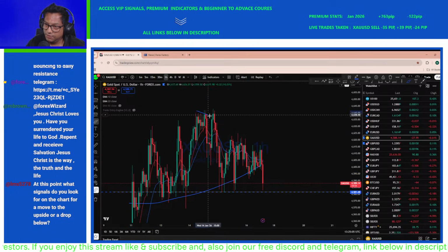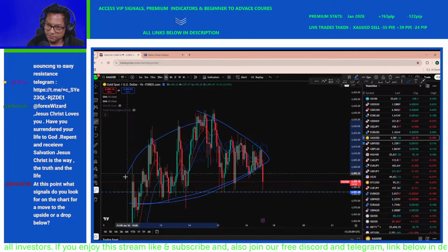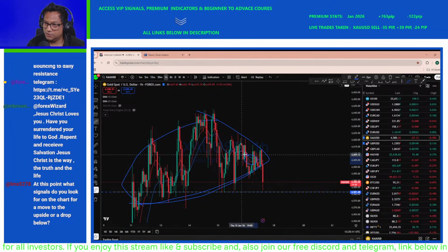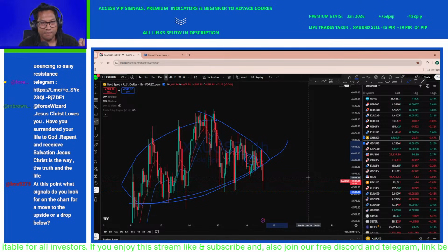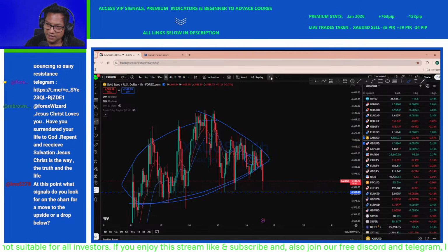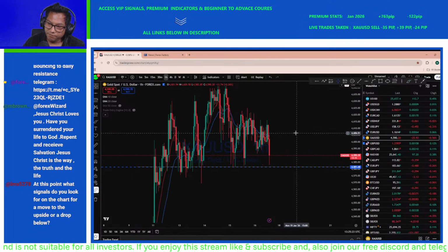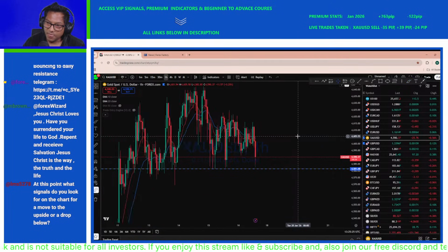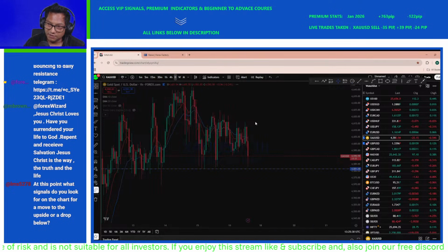If you looked at the previous analysis, it formed a fish pattern, right? Now it has broken downside here, and with this break below, the uptrend is still valid, right?